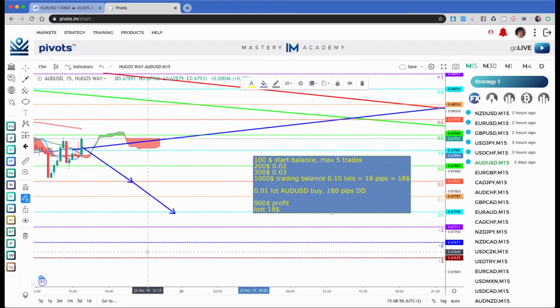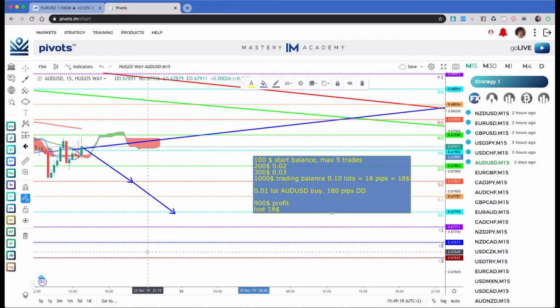Okay, let me take one. 0.4 lot size, $23. So 0.4 lot size will make you $4 a pip. 23 divided by $4 is about 5 pips. Do one trade, 5 pips, get out of the 23.